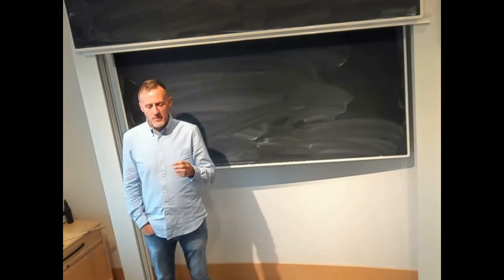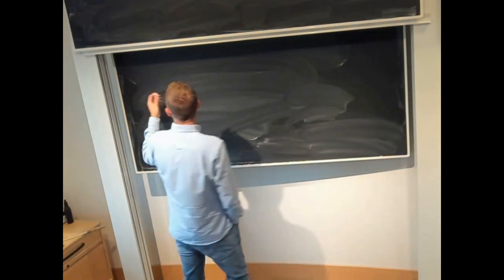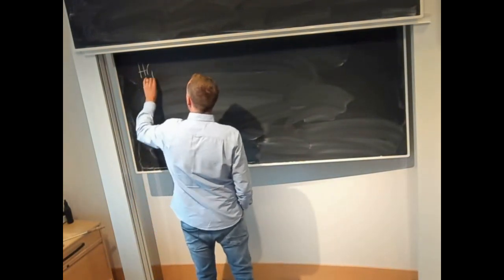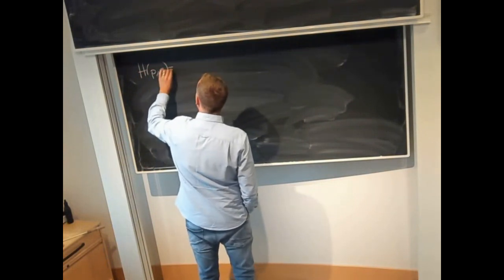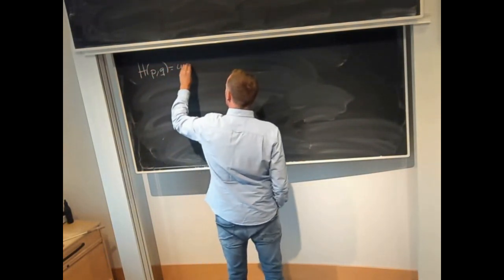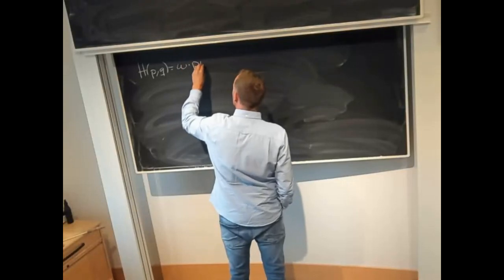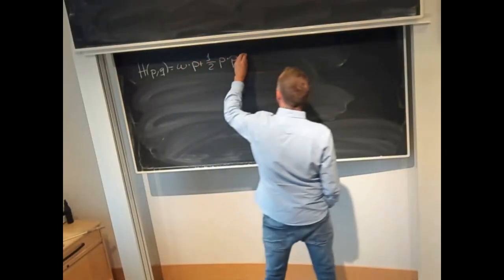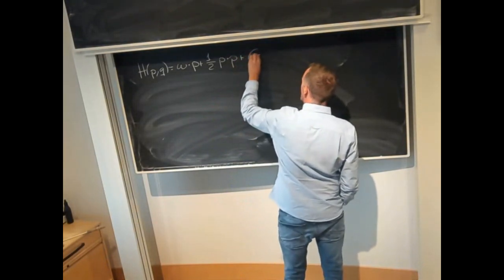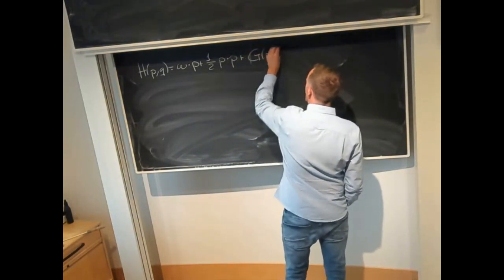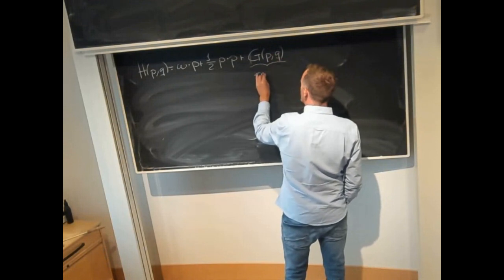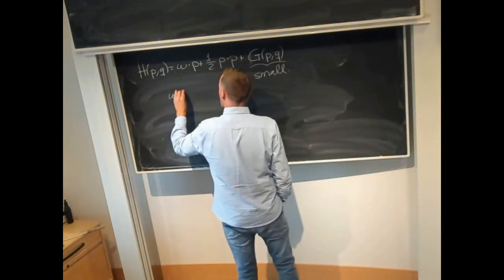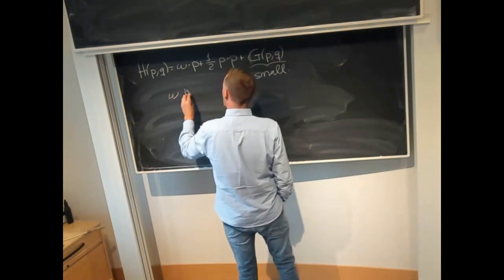So in another video I explained a little bit that if one starts with a Hamiltonian of this form, okay, where this term is small, and omega is the frequency.